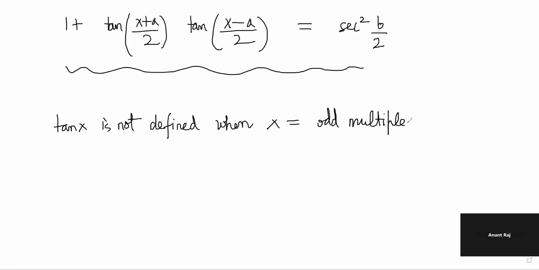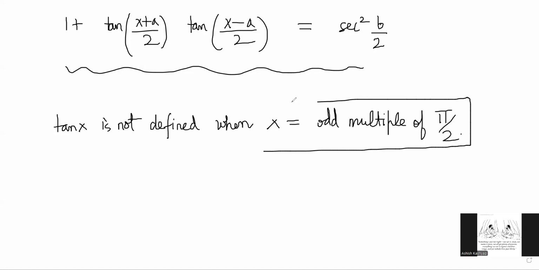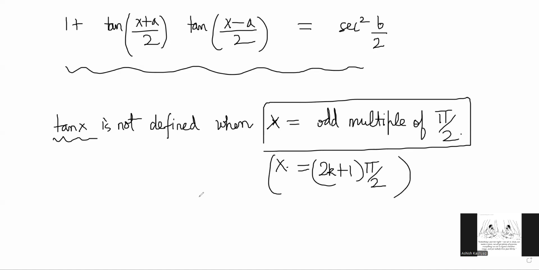Yes, if cos is 0 then tan x is not defined. At any odd multiple of pi by 2, tan x is not defined, when x is equal to 2k plus 1 pi by 2, then tan x will not be defined, right? So the whole equation will not make sense, not defined, if the tan terms are not defined, right?